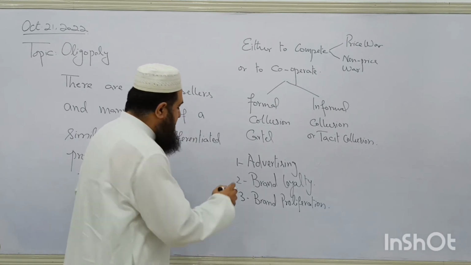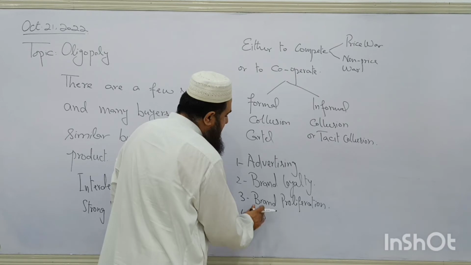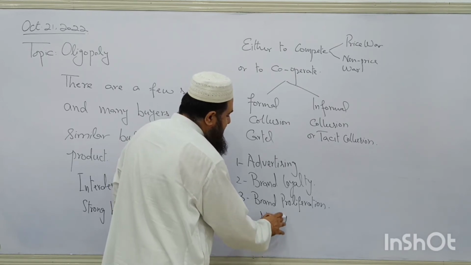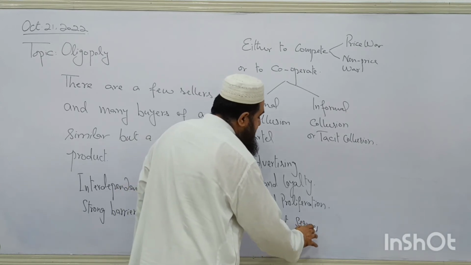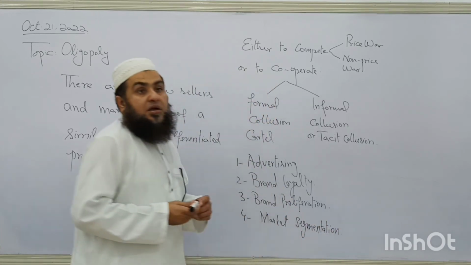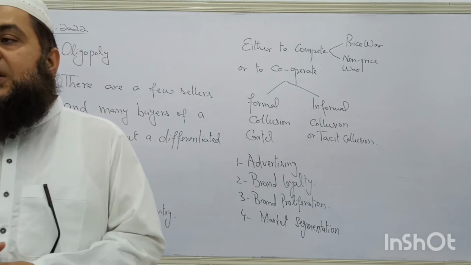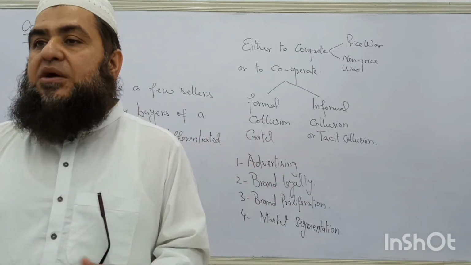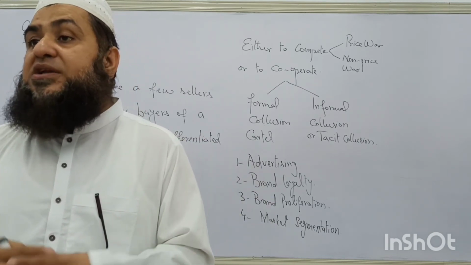Now what else can be there? There is going to be segmentation, market segmentation. What do you mean by market segmentation? Have you studied it? The products can be supplied according to the consumer's requirement, according to their income, according to their gender, according to their area, according to their age group.